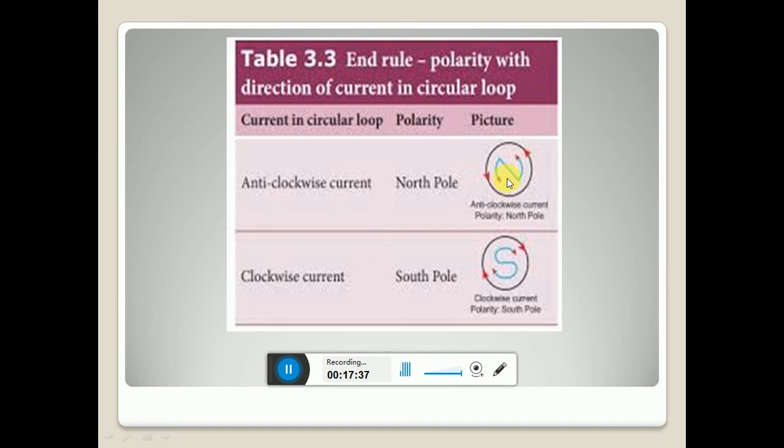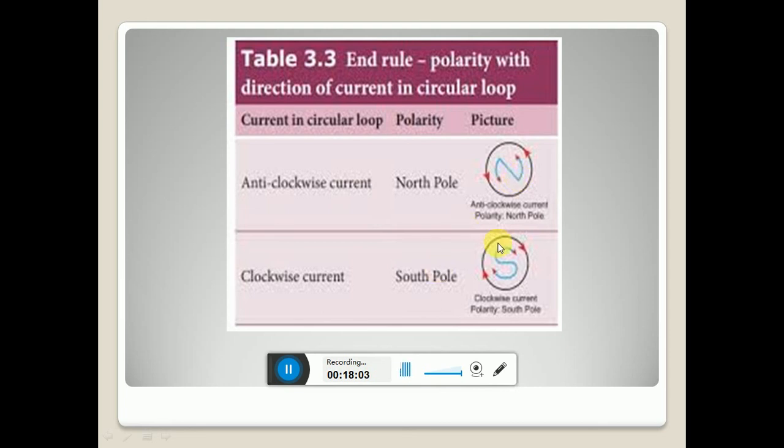To check this, curl your fingers according to the direction of current flow, and the thumb will point out. It is similar to a north pole, where the magnetic lines of force come out. So if current flows in the anti-clockwise direction, the polarity of that current loop will be north pole.